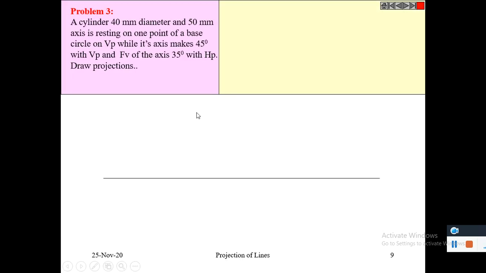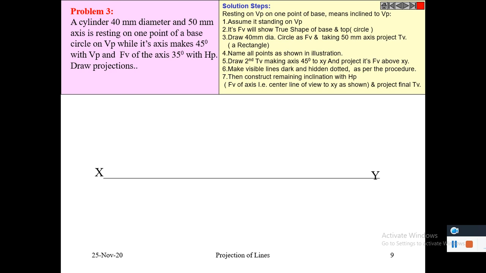A cylinder 40 mm diameter and 50 mm axis is resting on one of its base circle on VP, while its axis makes 45 degree with VP and the front view of the axis 35 degree with HP. Draw the projections. This is the solution. So its front view is drawn.